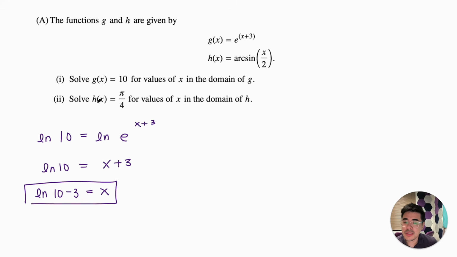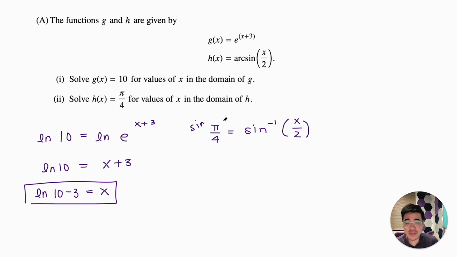For part 2, it says solve for h of x is equal to pi over 4. So we plug in pi over 4 for h of x. Arc sine is another way of saying sine inverse. So remember, for sine inverse, we're plugging in the ratio of sides and this is the angle that we're talking about. Or another way to think about it is we could just take the sine of both sides.